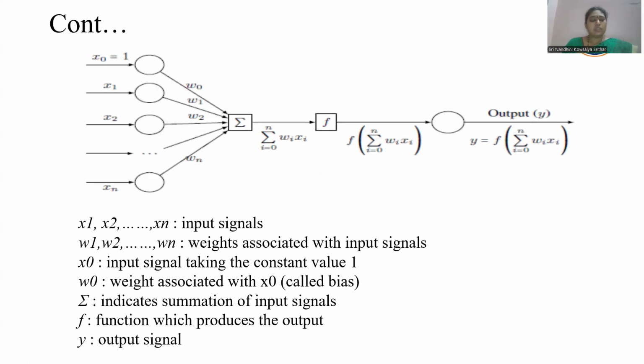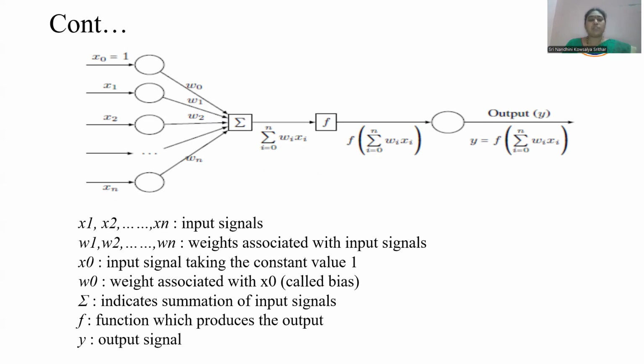In this diagram, we are going to see the values used in the perceptron. Here x0 equals 1, x1, x2 up to xn. These are known as the inputs. Each and every input has its own weight, that is w0, w1, w2 up to wn.